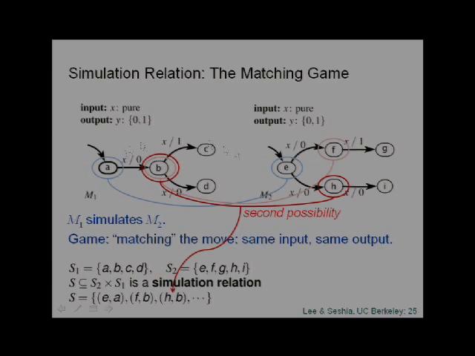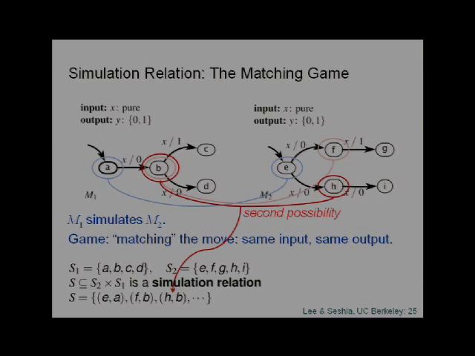And finally, if you look at these two states, in both cases they're dead end states, with no transitions coming out of them. So you can reach C from B, and that matches it to G, and you can reach D from B, and that matches it to I.